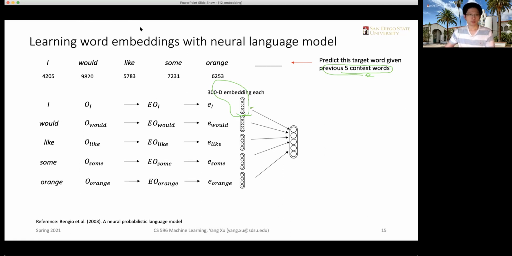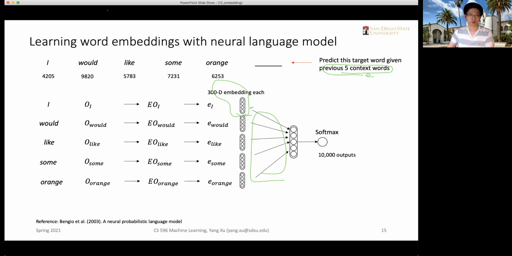So here we need to use some regular neural network, right? That takes this 5 times 300, which is 1,500 inputs, and converts it into some hidden representations with some hidden layers, and that hidden layer will then feed into a softmax layer that computes the probabilities for each one of the 10,000 words in the vocabulary, right?